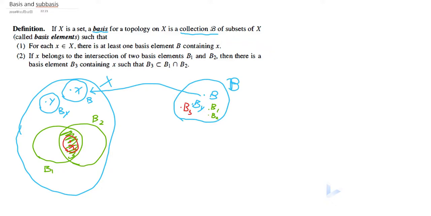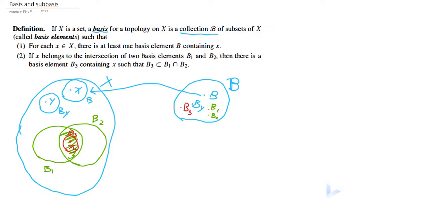intersection area. So it should not go outside the intersection area like this. This is invalid. So for this one it's valid. So this is B3. If for every element inside this area we can do this thing, then the second property is satisfied.